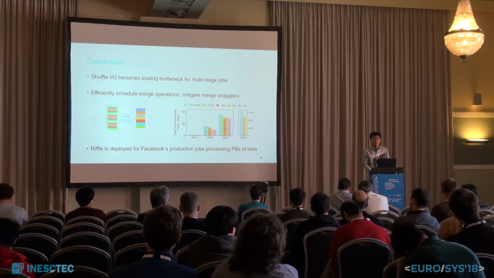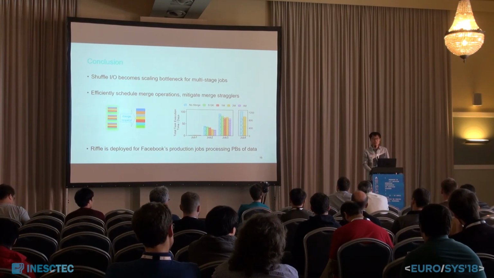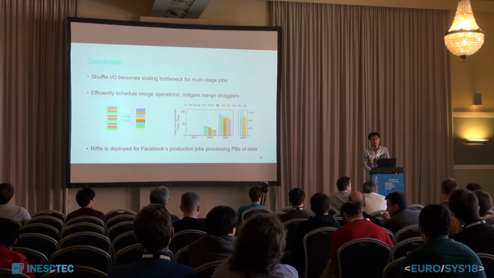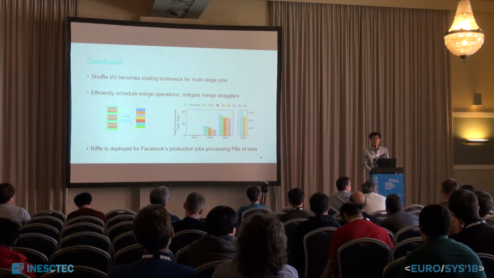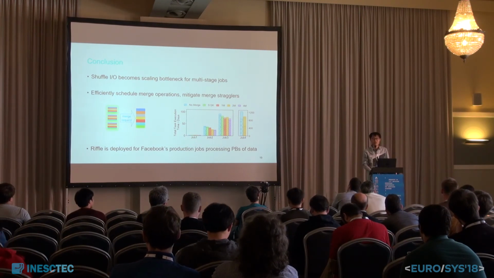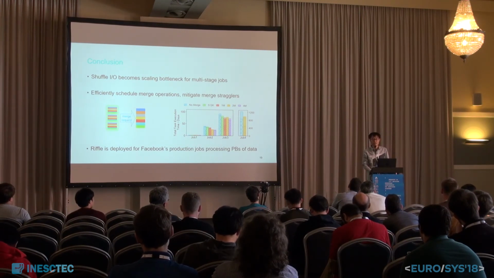Yeah. In terms of mechanism, conceptually it's similar to Riffle, but there are several key differences. First, Riffle operates on the files on each worker instead of each executor. So the combiners can handle the intermediate files generated by the same executor, but not from different executors, even though they are on the same machine.